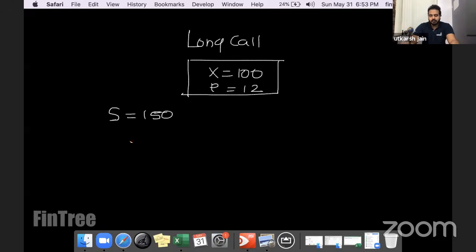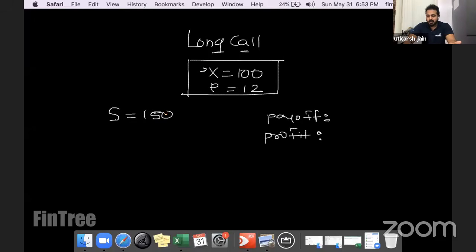Based on this information, I will ask you to give me two things: the payoff of this option on expiry and the profit of this option on expiry. Here's how you're going to give me the answer. It's a long call, so you sing your song for the long call. A long call means I have a right to buy. At what price? 100.